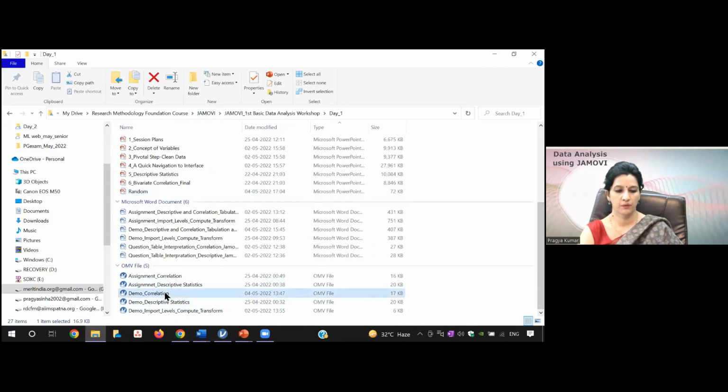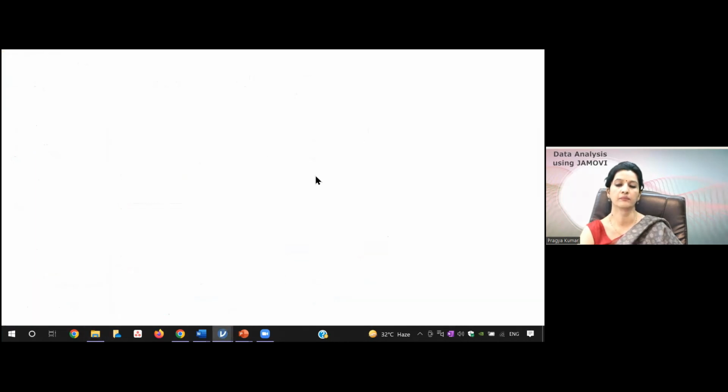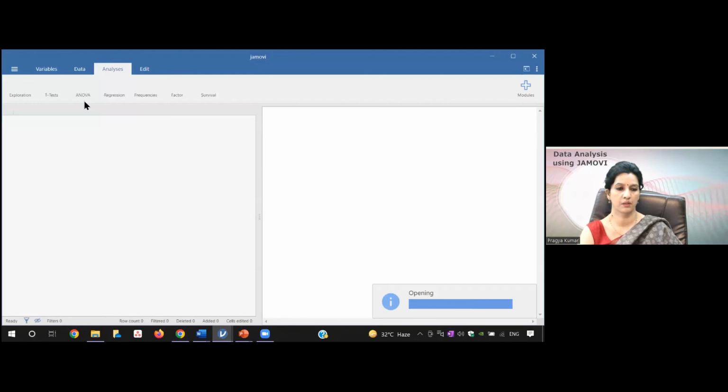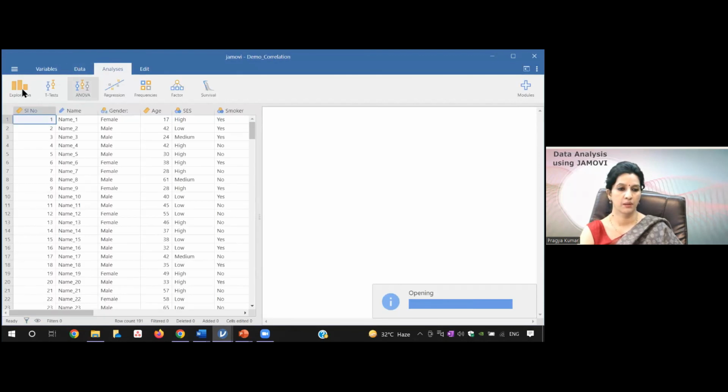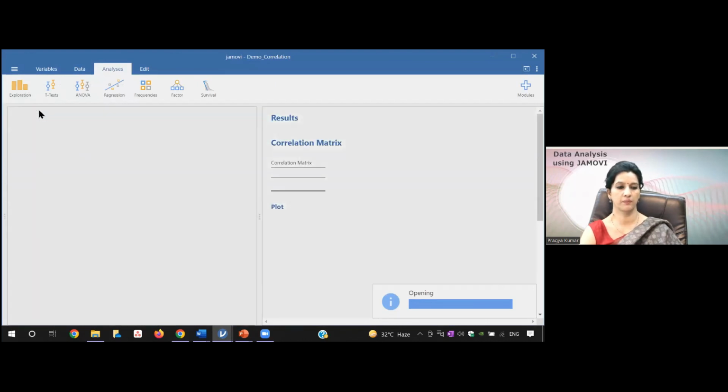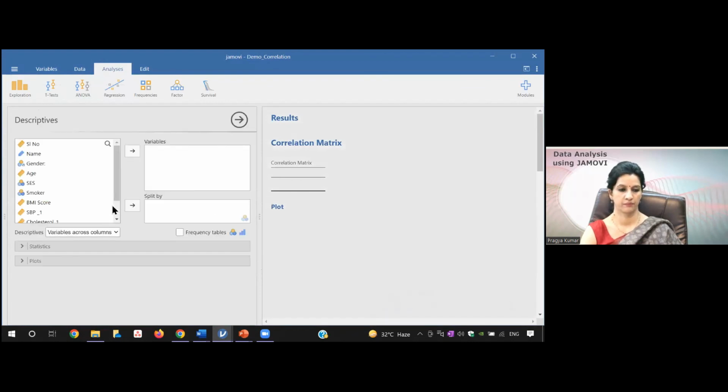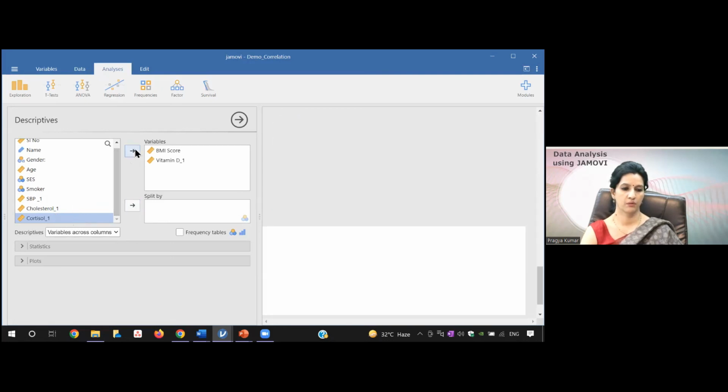There we can see vitamin D. I may go to exploration, descriptive, and then move BMI, cholesterol, cortisol.